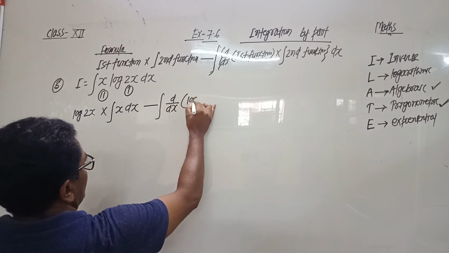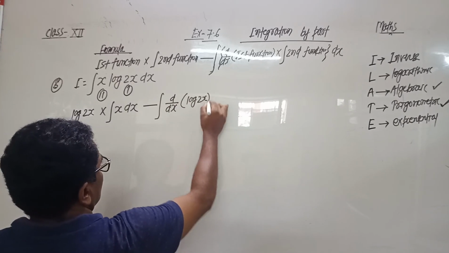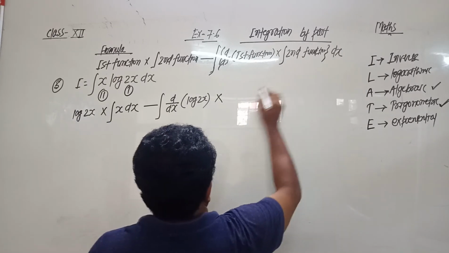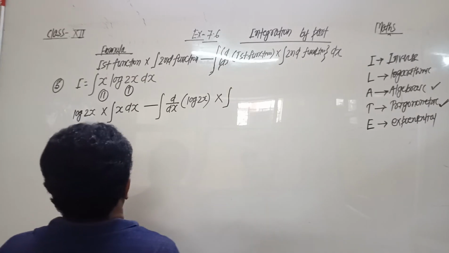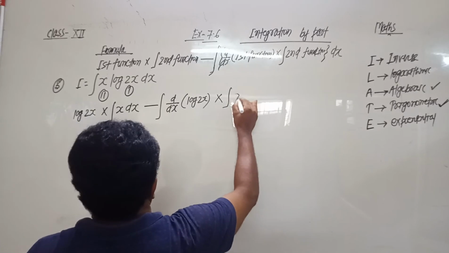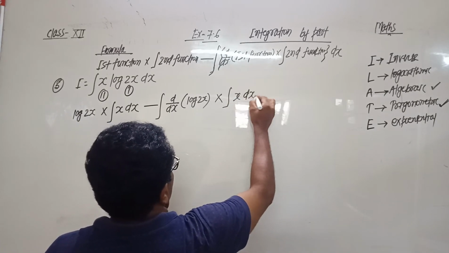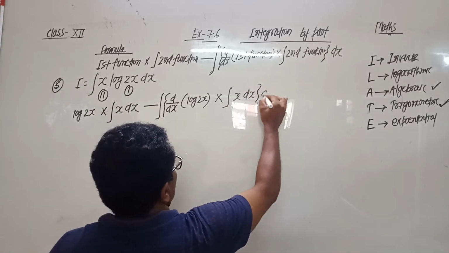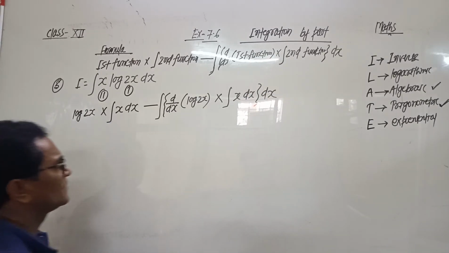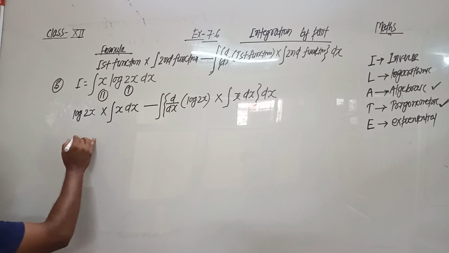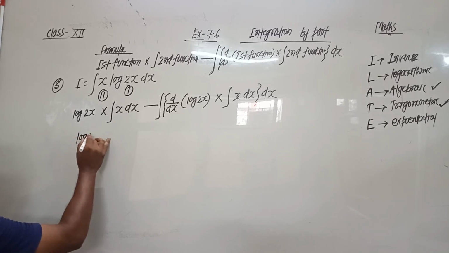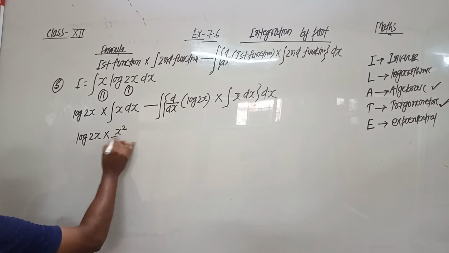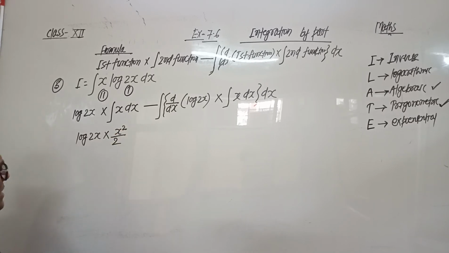So d by dx of log 2x, into integration of the second function, so integration of x dx, and for this integral we use dx. So log 2x as it is and integration of x dx will become x square by 2.